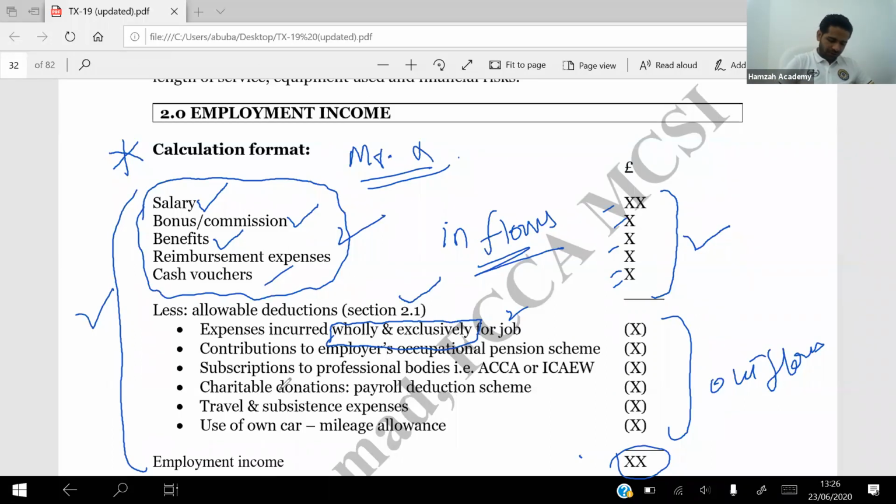Charitable donations. Donations also work like pensions, not in terms of benefit, but in terms of payment. How exactly? The employee will tell the employer that I want to opt into this scheme, so you can take 20 pounds of my salary and give it to, let's just say, the NHS, the main health services body in the UK. The employer, again the same way, after the sworn statement from the employee, is going to take the 20 pounds out of his salary and give it to the NHS in the UK.